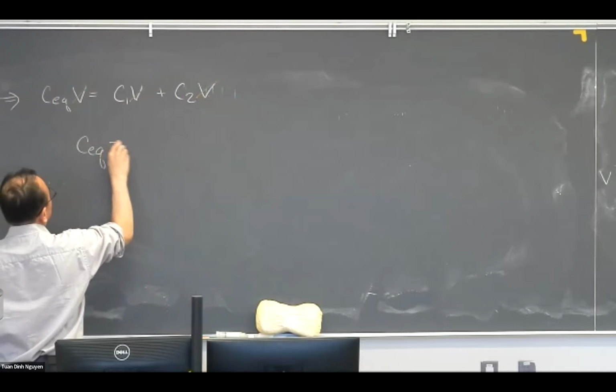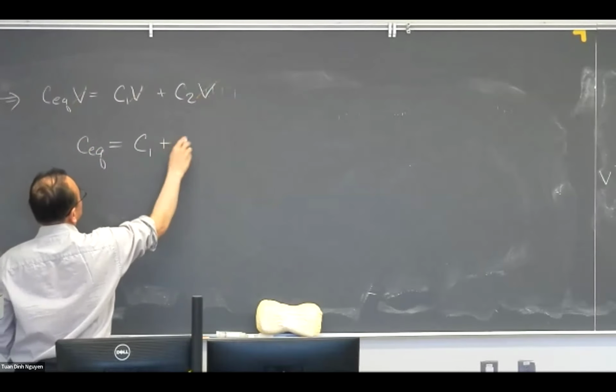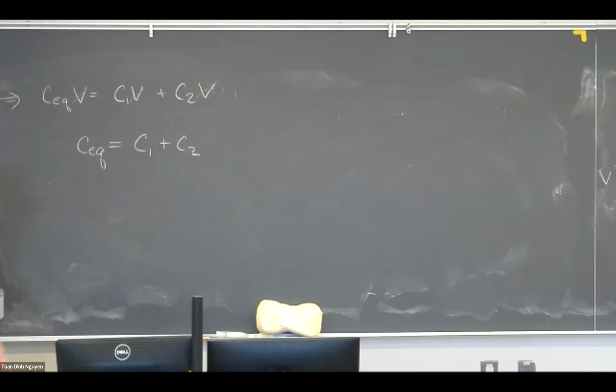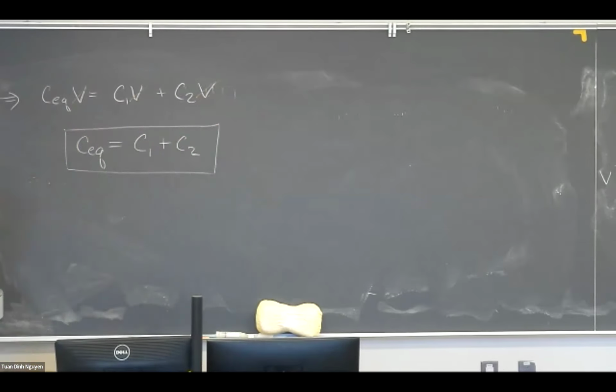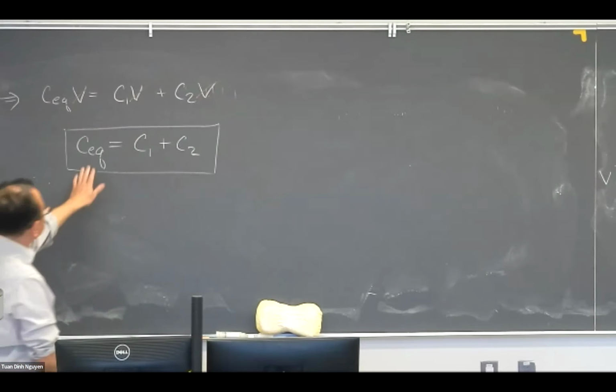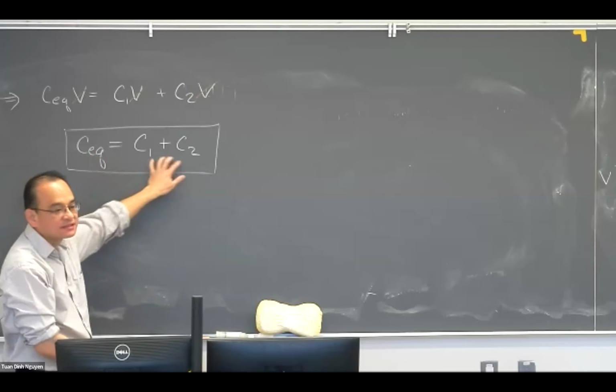And the equivalent capacitance is C1 plus C2. So that's a formula for capacitors in parallel: the equivalent capacitance is just the sum of them.